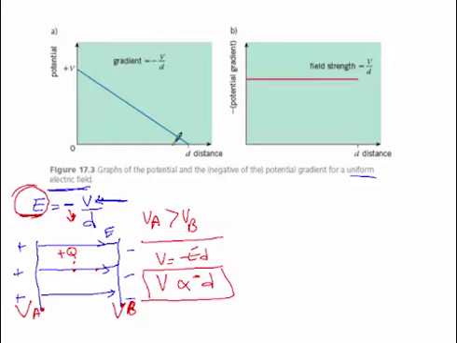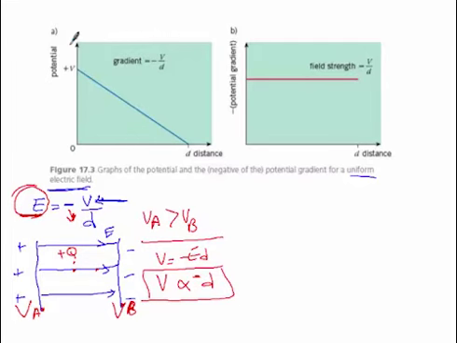Now, again, this shows that the distance is increasing from the positive plate, the potential is decreasing, but it will decrease linearly, there is a linearity between potential and distance.